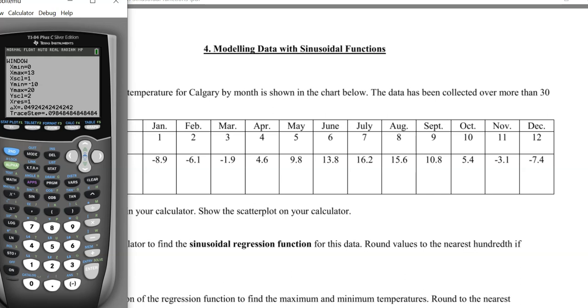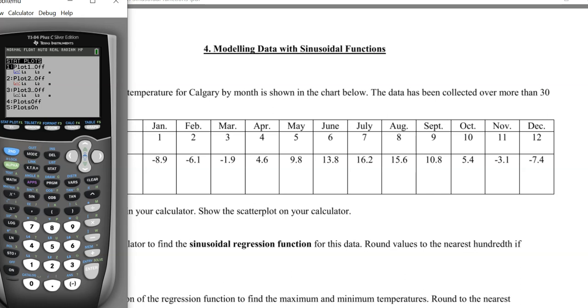Now, if you want to look at the points, so far all we've done is put x values in L1 and y values in L2. We're going to ask the calculator to graph these as ordered pairs. So we'll see the point 1, negative 8.9, and so on. To see those, we need to turn on our stat plot. So if you go second function, y equals, right?